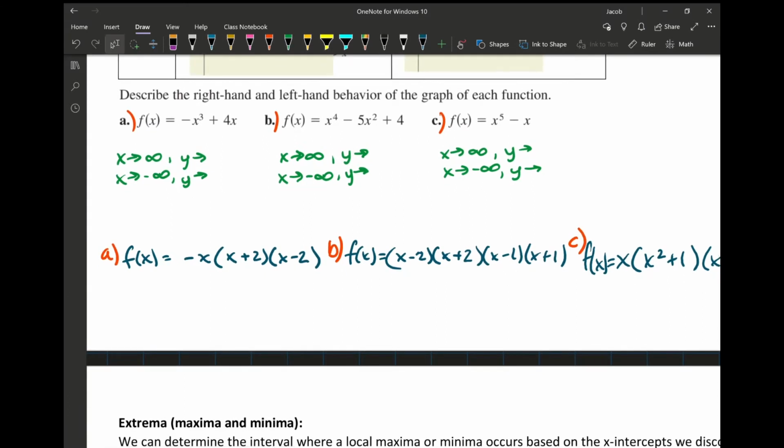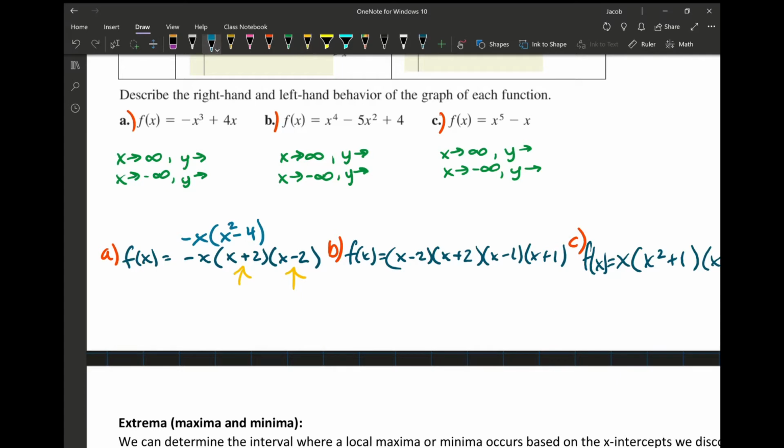So if we're factoring negative x cubed plus 4x, then we're factoring out the negative x, and we have x squared minus 4 left over. And then this is a difference of squares, so that's why we get these two factors.